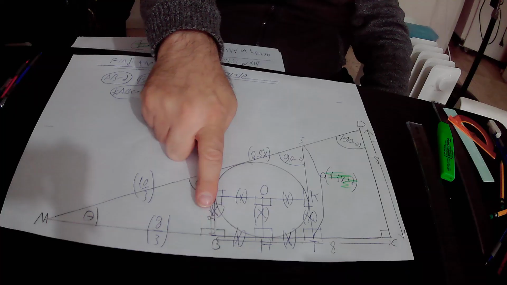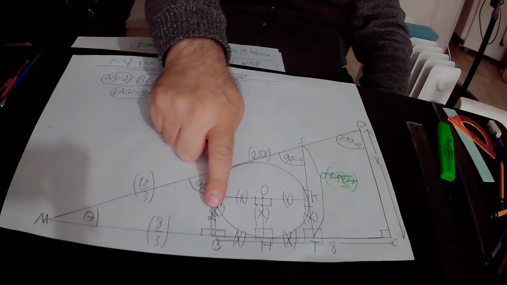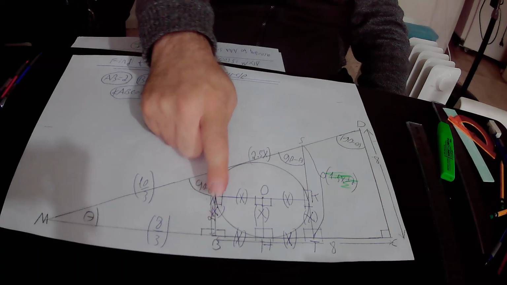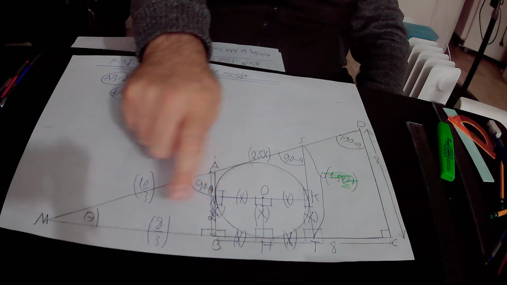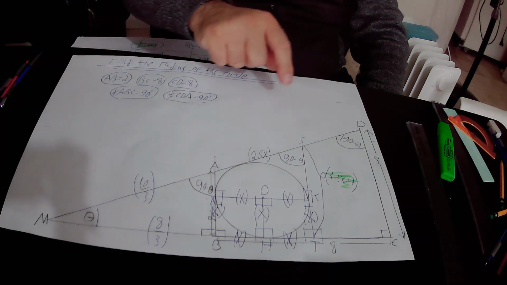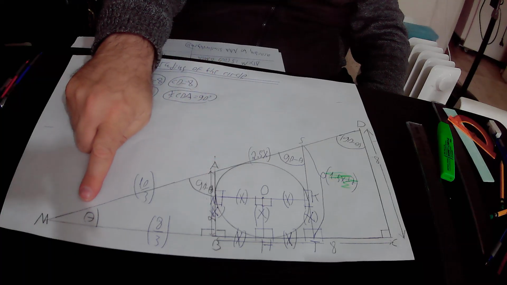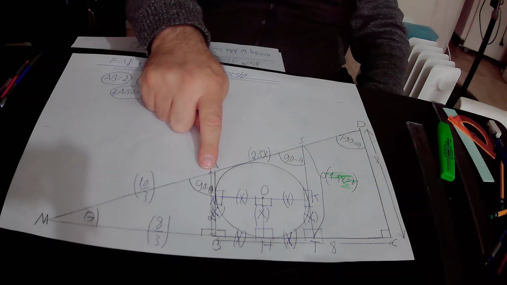So if this angle is 90 degrees, it means that triangle ABM is a right triangle. So in the right triangle ABM, you have this angle that is theta, this angle equals 90 degrees, therefore the missing angle must be equal to 90 degrees minus theta.